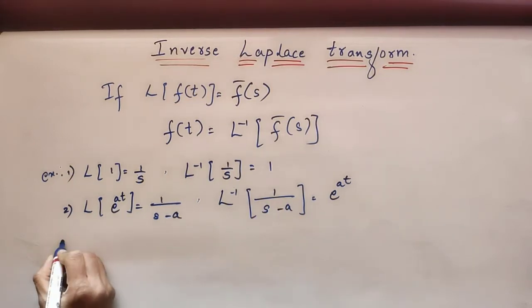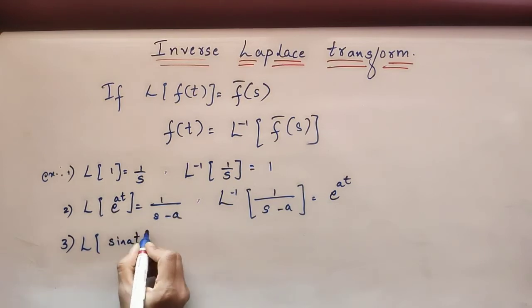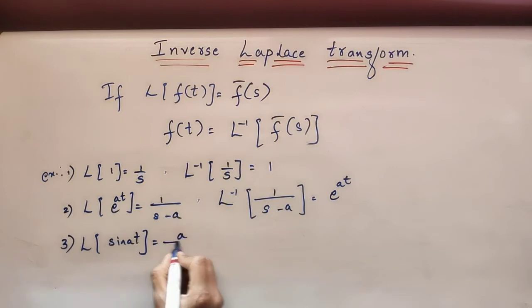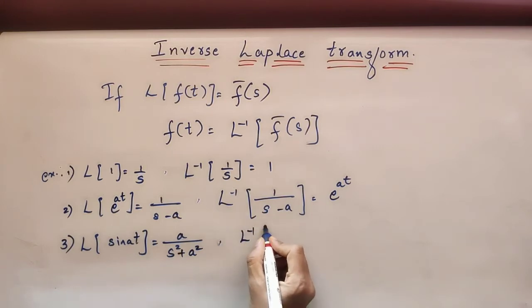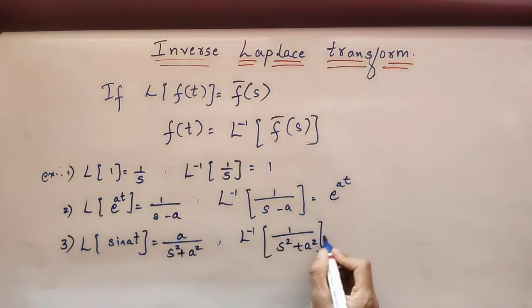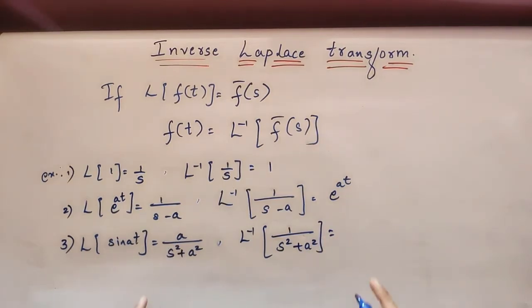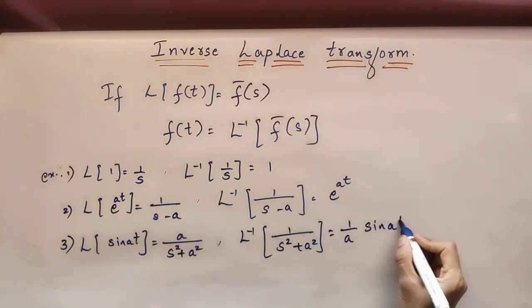Similarly, I know that the Laplace transform of sine at, you will have derived this, is a divided by s square plus a square. So I want the inverse Laplace transform of 1 divided by s square plus a square. So what will you have? That a is missing, so you can write 1 divided by a sine of at.